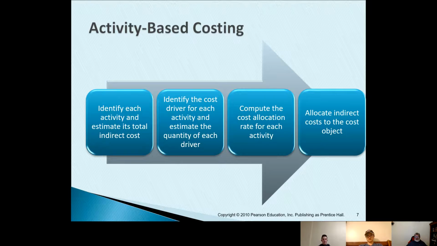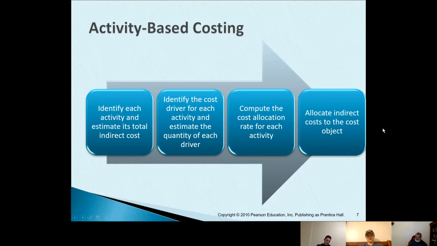Okay, so activity-based accounting. You have to identify each activity and estimate the total indirect cost. Same thing we did last week. Total indirect cost for doing this, whatever this is. Then identify what's the primary driver for this.